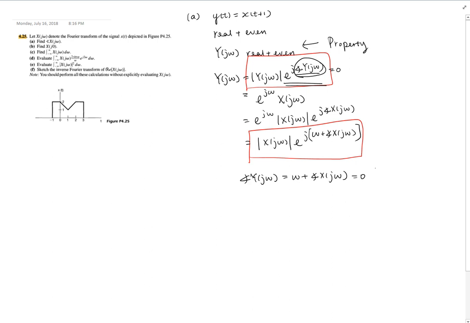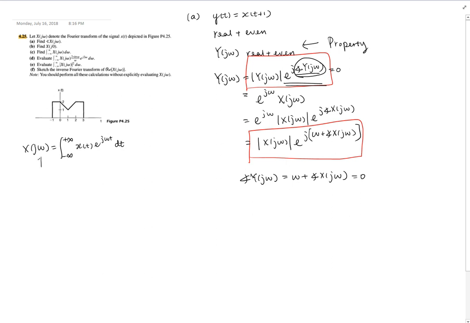For question B, we use our analysis equation. Recall what our analysis equation is? This is our analysis equation.